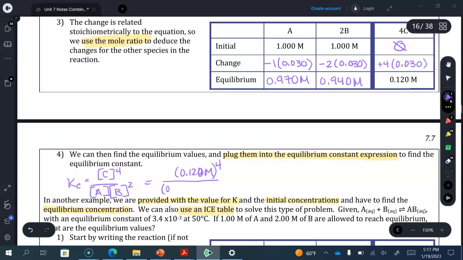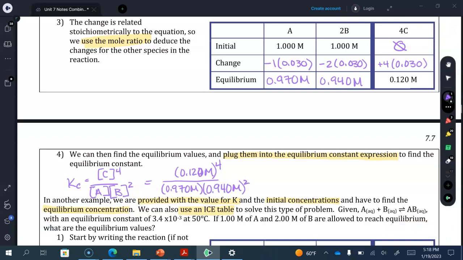And then on the bottom is A times B squared.